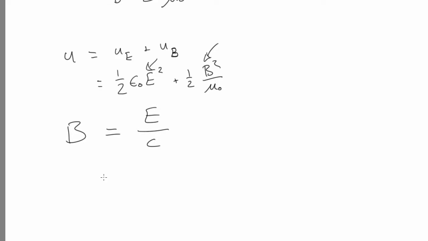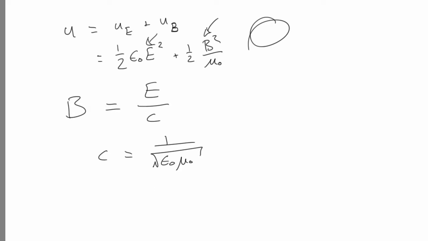We also know that the speed of light can be rewritten as equal to this. If we substitute both of these equations into the above formula, we can get the total energy density due to an electromagnetic wave purely in terms of the electric field strength.